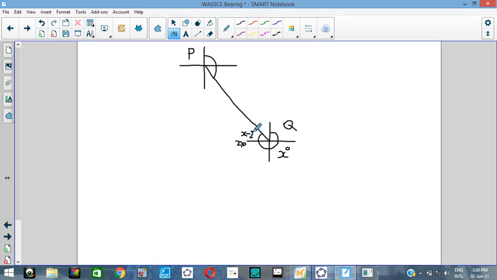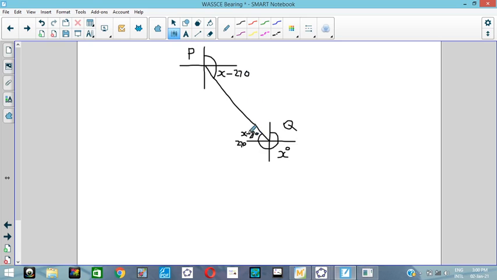Very important. This angle is equal to this value here, X minus 270, because they are alternate angles.